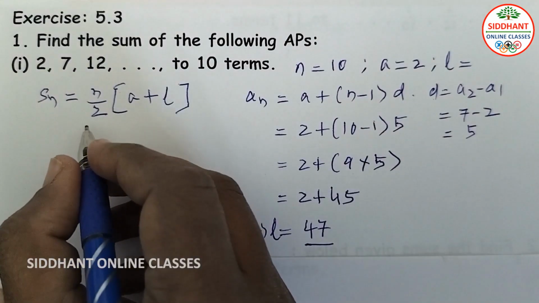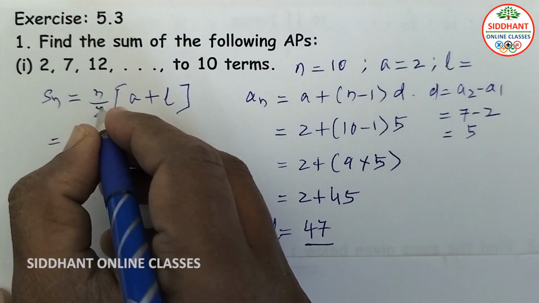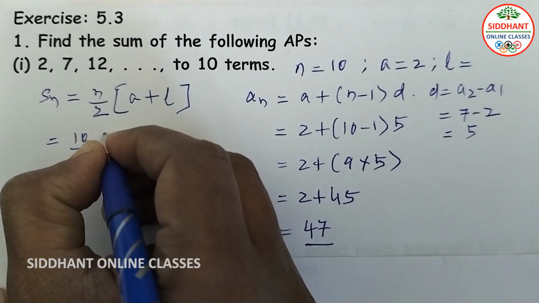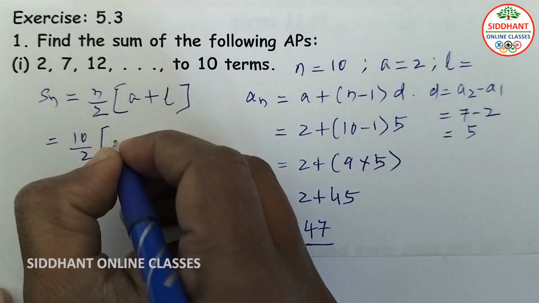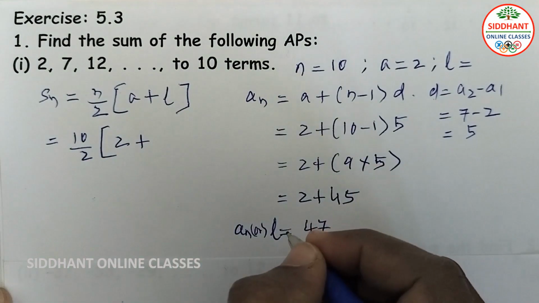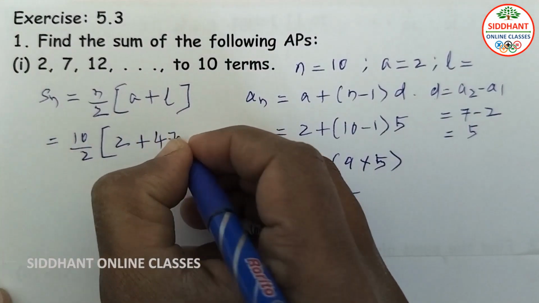Now we are going to find out the sum. The sum is equal to n by 2. n is how much? 10 terms. That means 10 by 2. a is the first term, which is 2. L, that is an, the last term, which is 47.